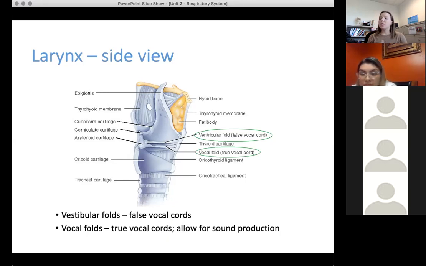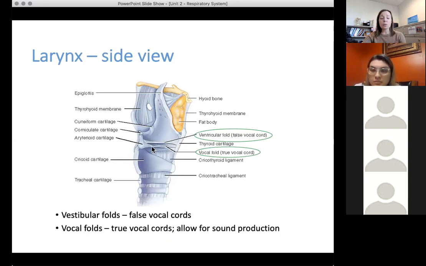Okay, so finishing up the larynx real quick, regarding voice production, there are what are called false vocal cords, and there are true vocal cords, the real vocal cords. So the vestibular folds are the false vocal cords. They are the top little line that you see here.